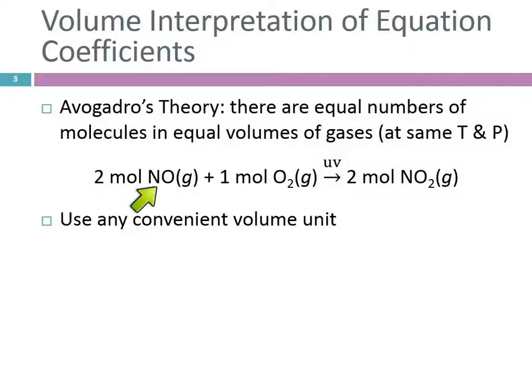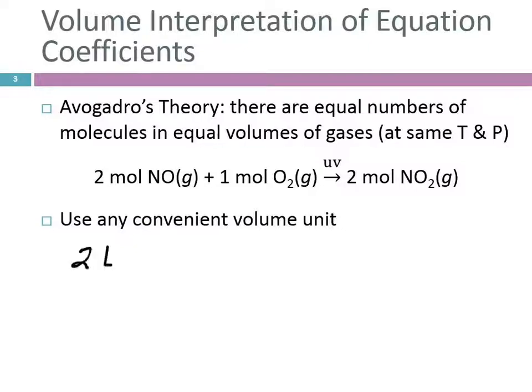2 moles of nitrogen monoxide is going to have the same number of particles and occupy the same volume as 2 moles of NO2. 1 mole has half as many particles as 2 moles, and so it will occupy half the volume. We can just swap out these moles in here for volume units.